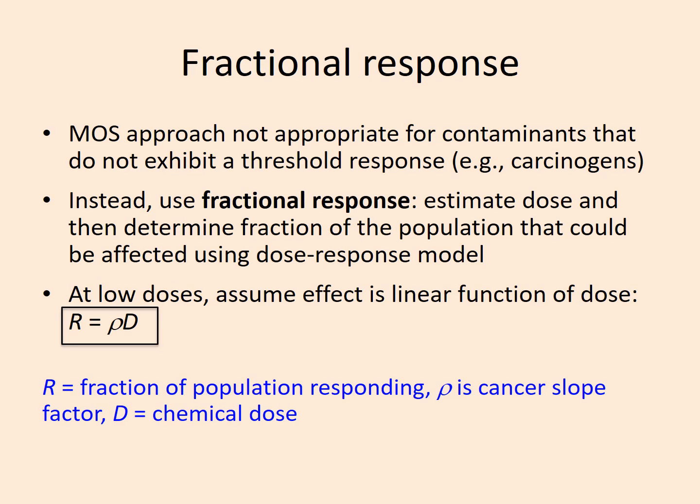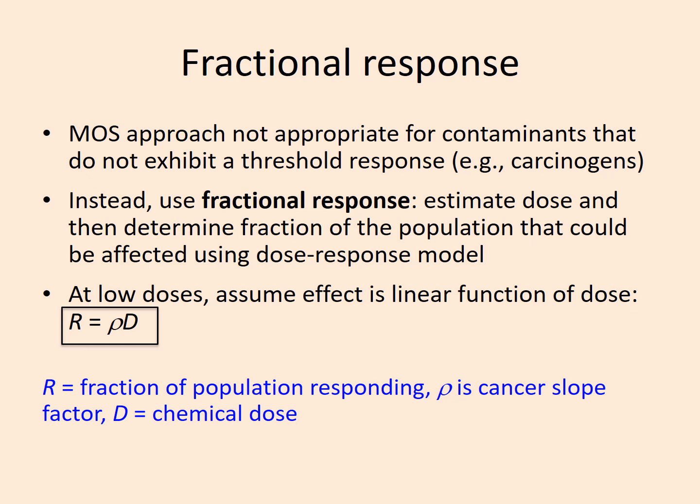There are also fractional responses. We take into account these margin of safety exposures, but as we're thinking about carcinogens, they don't quite work that way. Instead, these are fractional responses for estimating dose and then what fraction of the population could be affected using a dose response model. So know that it can get really complicated as you're starting to think about this, but ultimately, what's the population response?